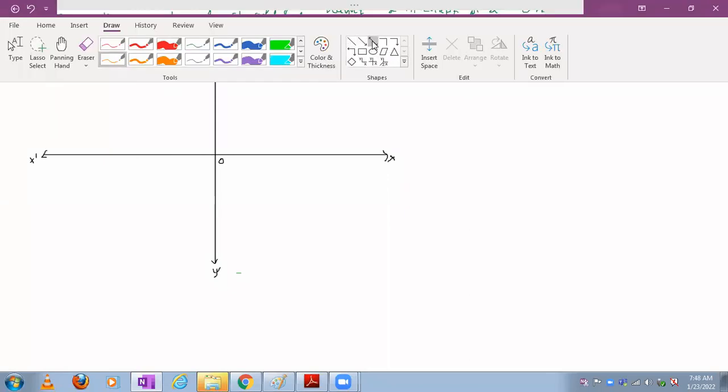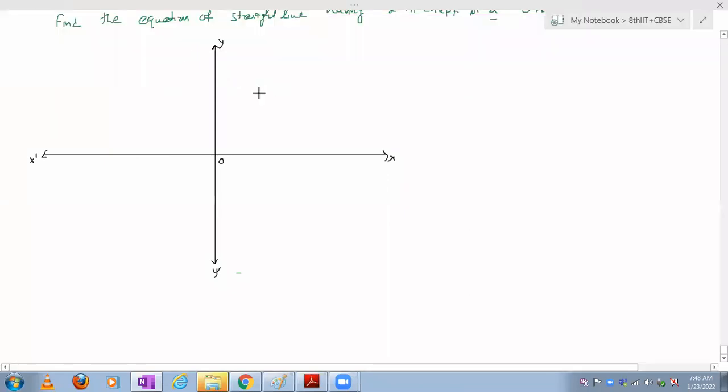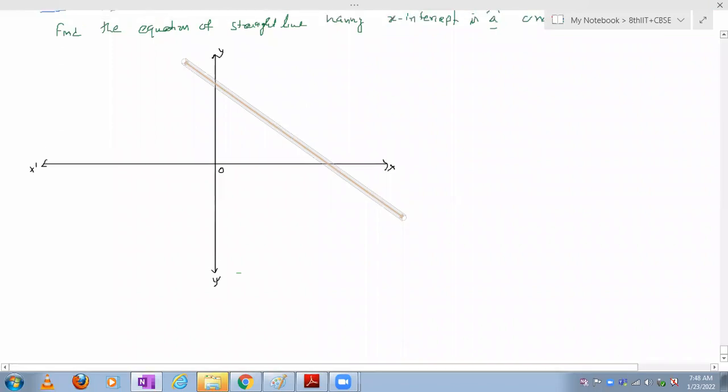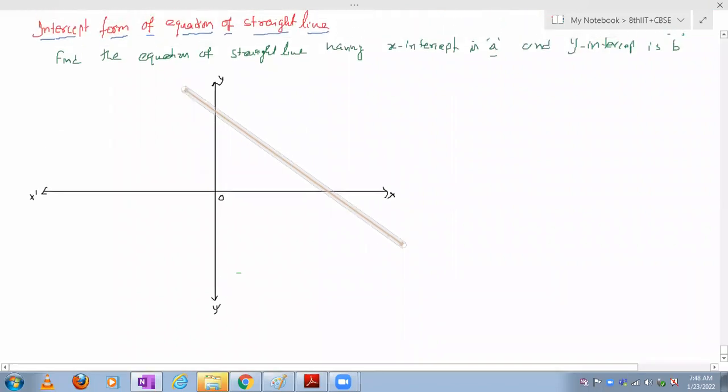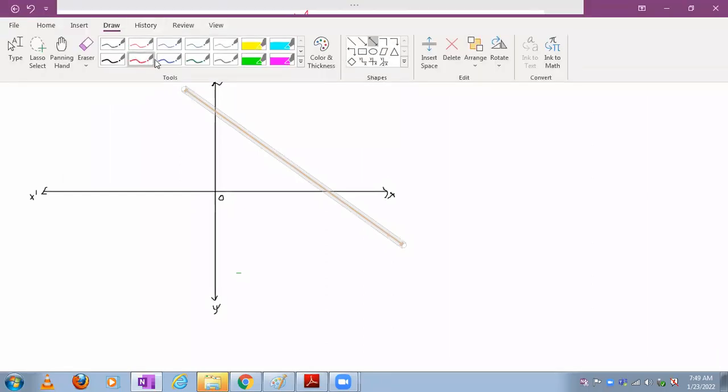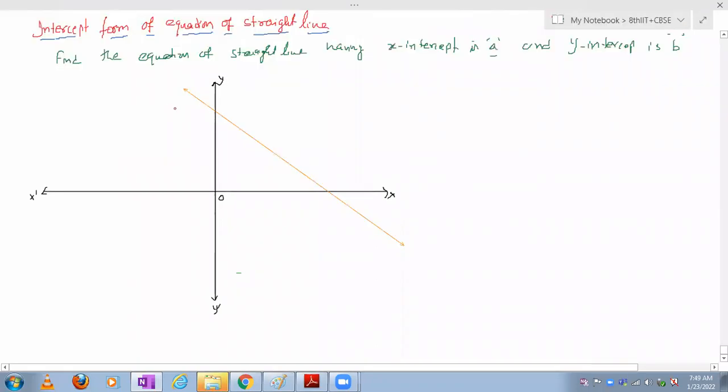Let me draw the straight line. What is written after straight line? Find the equation of straight line having x-intercept a and y-intercept b.